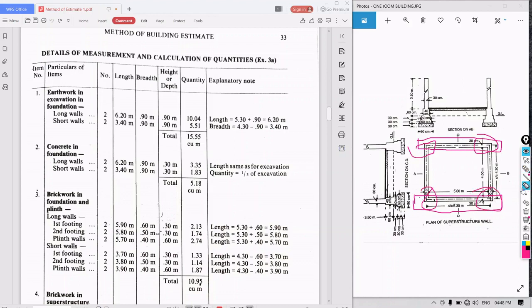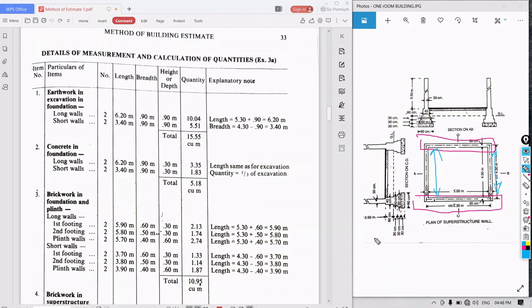So some part of the short wall is already estimated. So what we need to do here? We want the length of the short wall excluding the part included in the long wall. So we need only this much.